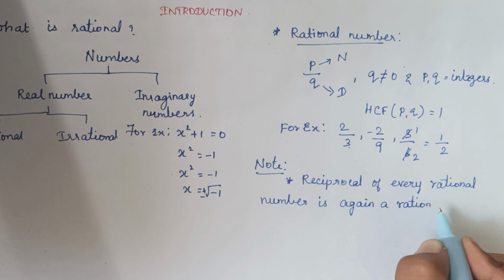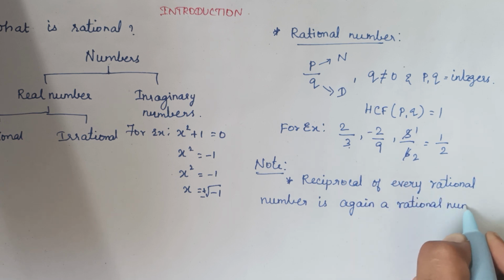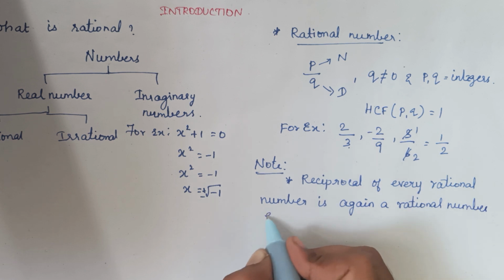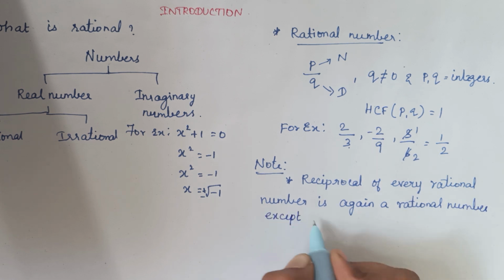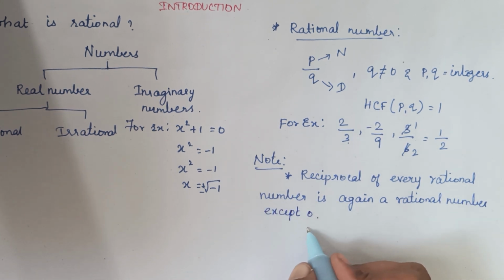So if we take the reciprocal of a rational number, again it should be a rational number, except 0.